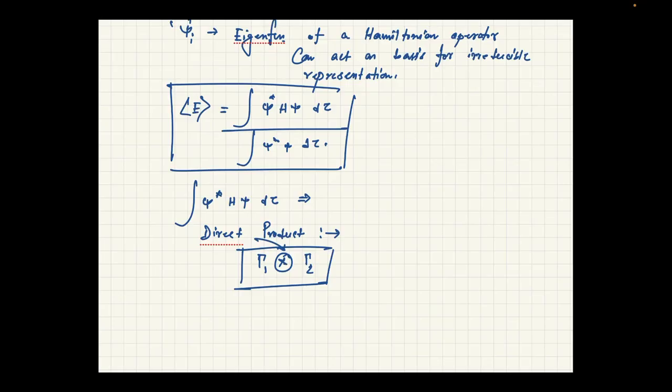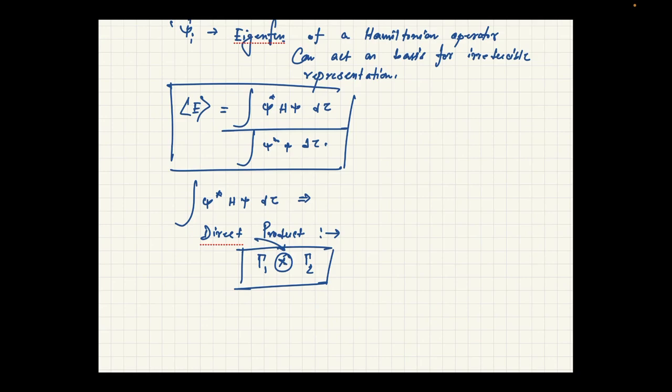That makes sense. Why? Because integration means you are just summing up all the contributions.